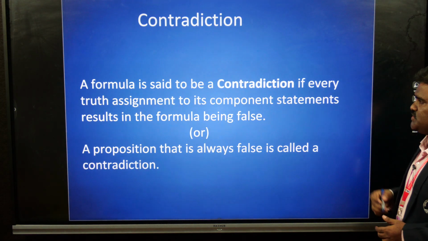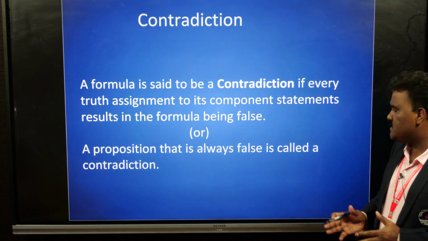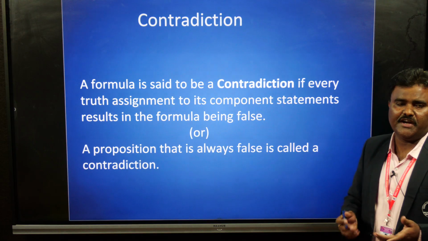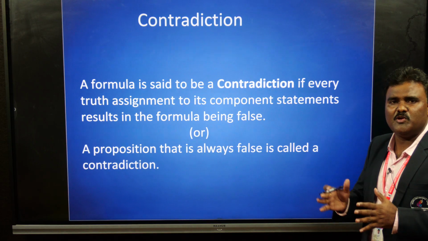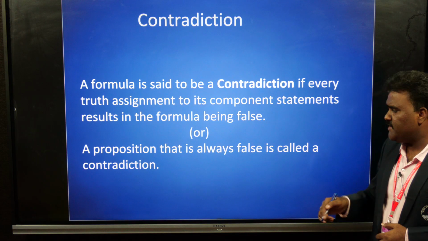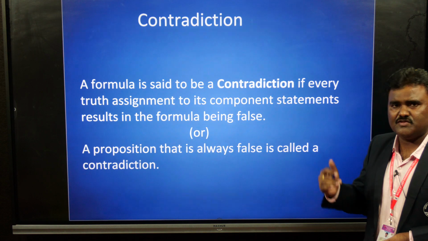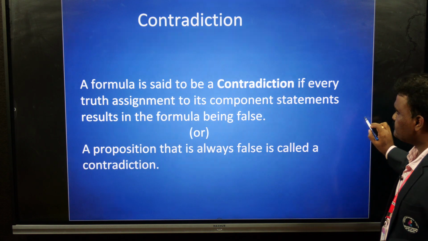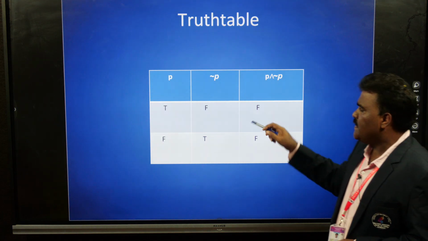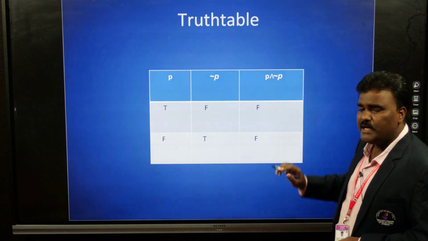Next, contradiction. A contradiction is a proposition that is always false; the truth table must produce only false. Earlier we used the OR operator, now I am using the AND operator.